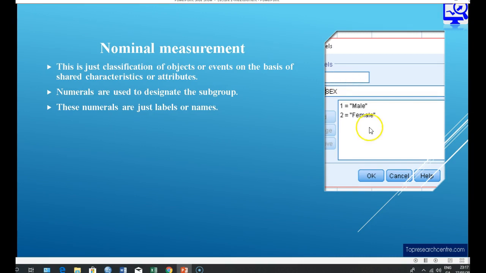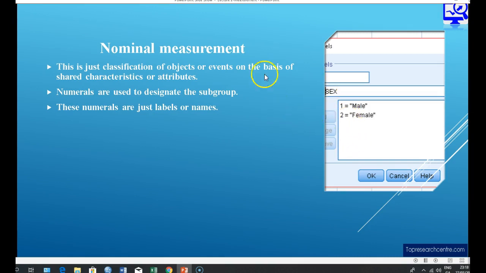You can easily swap this 1 and this 2 without making any difference. The other point when you are dealing with nominal level of measurement is that there is no relative meaning attached to these figures assigned to variables.